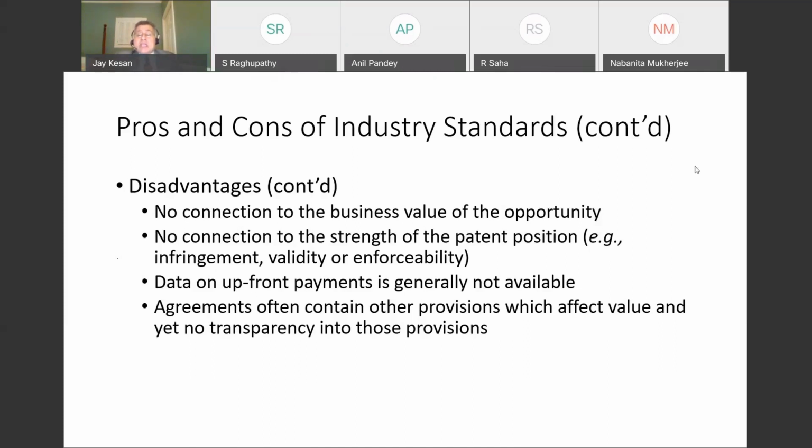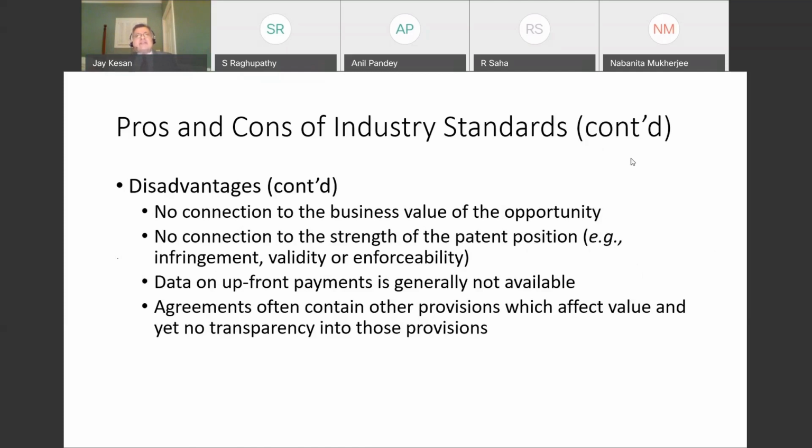And the industry standards also don't capture other things like you may have actually had a cross license. In other words, both parties may have given each other patents, and yet there is no insight into what those arrangements were. So the bottom line here is industry standards are good.